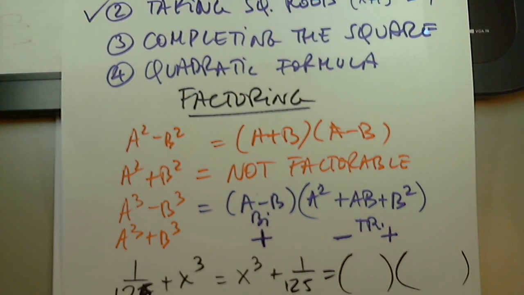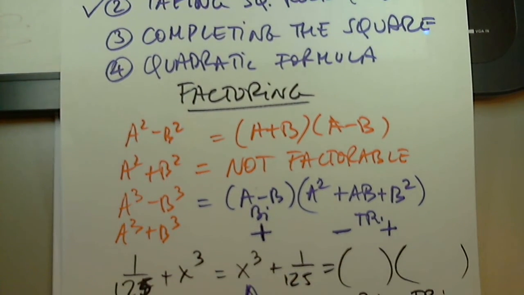Can anyone tell us what cubed is x cubed? X cubed. So the question was, what cubed is x cubed? And the answer is x. Now, what cubed is 1 over 125?